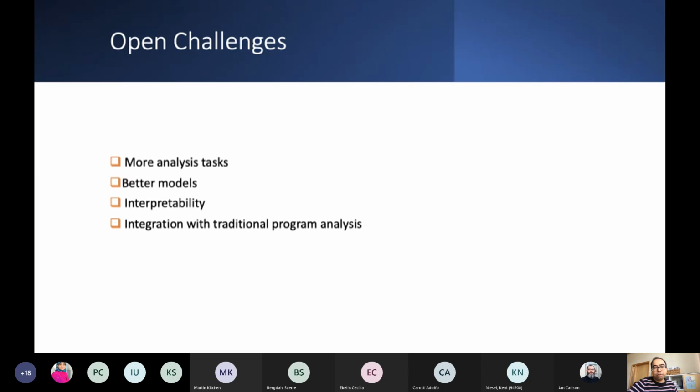Then neural and traditional analysis techniques have complementary strengths and weaknesses. So for many problems, maybe it is best to combine both methods to get more effective results. And scalability is also an important issue for neural software analysis.